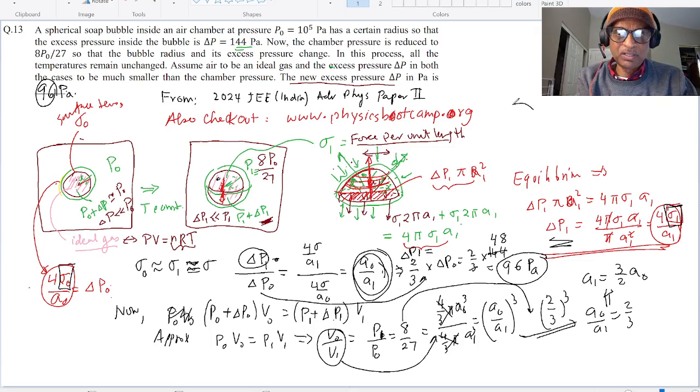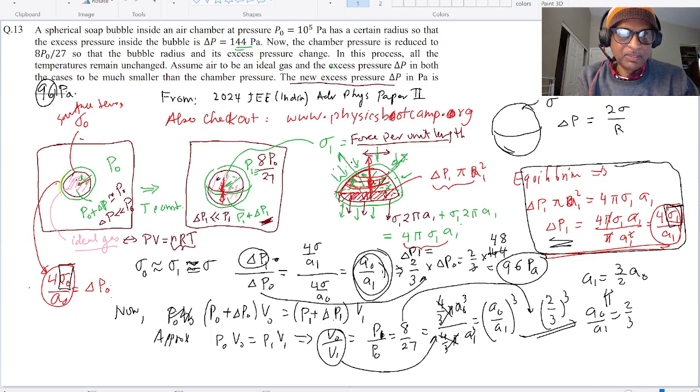If you just had one very thin film, and you wanted to know just one surface, then the pressure difference would have been just 2 sigma over the radius r. But here you have two surfaces. That's why you need 4 sigma.